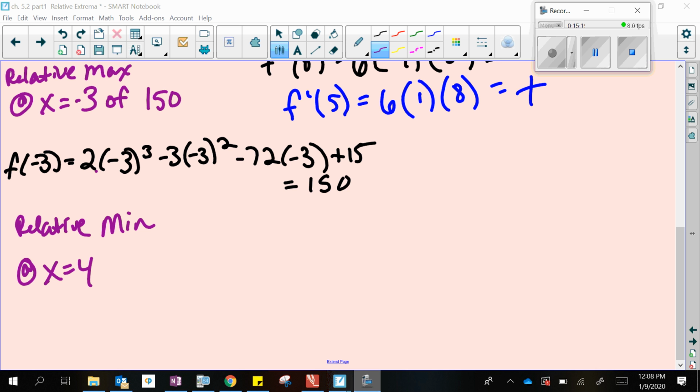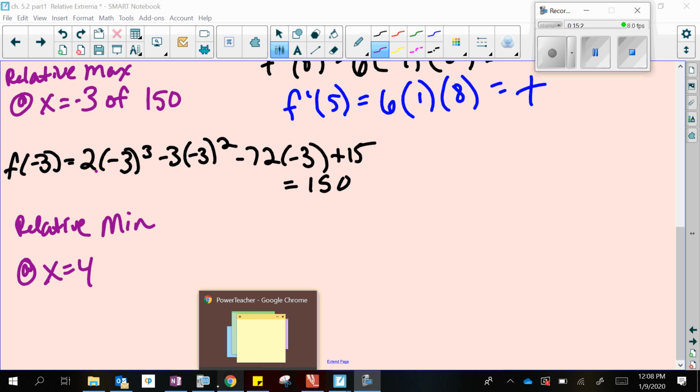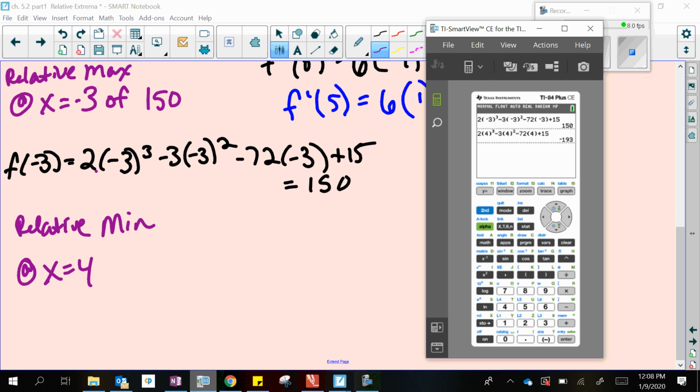And again, if we look at our equation, when we plug in a 4, we get -193. Now, do you all know how to do that? Like, if you wrote this once, you can go up. Well, the way I do it, you can, hang on.